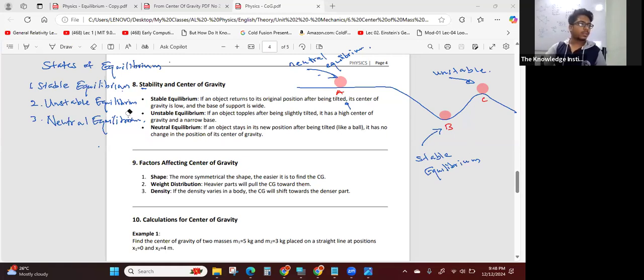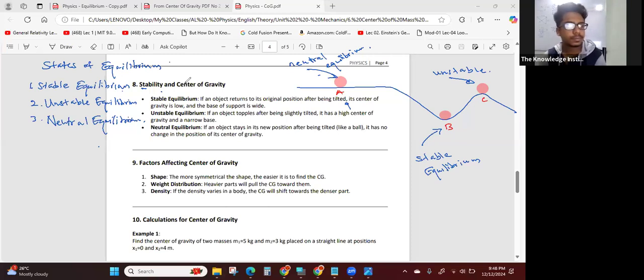So you write down stable equilibrium: if an object returns to its original position after being tilted or given a small displacement. That's all.